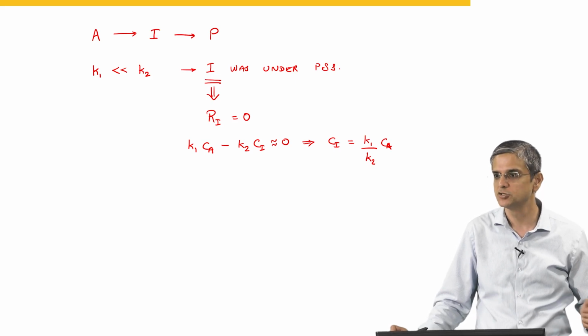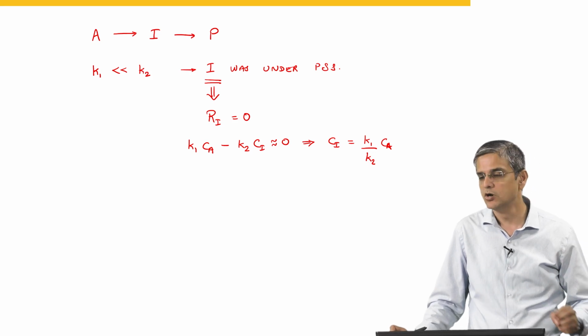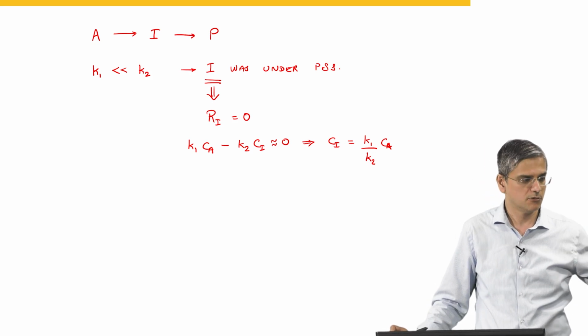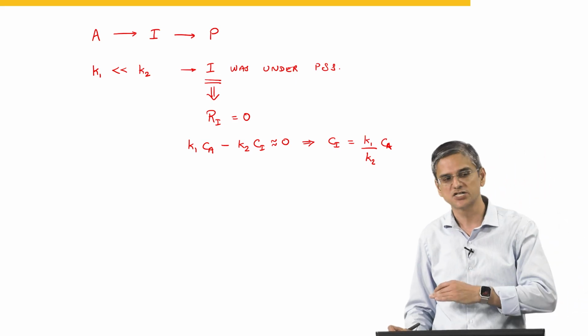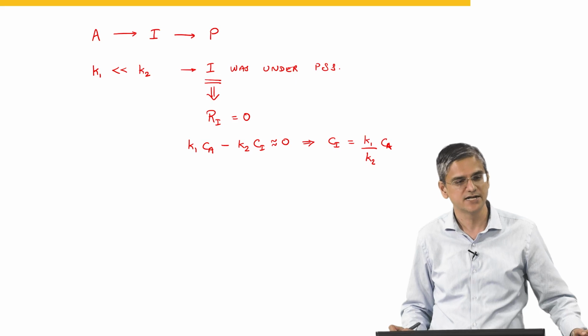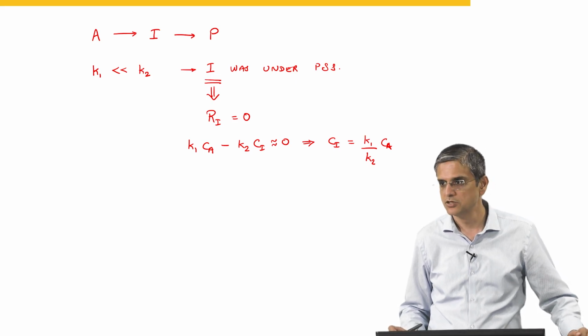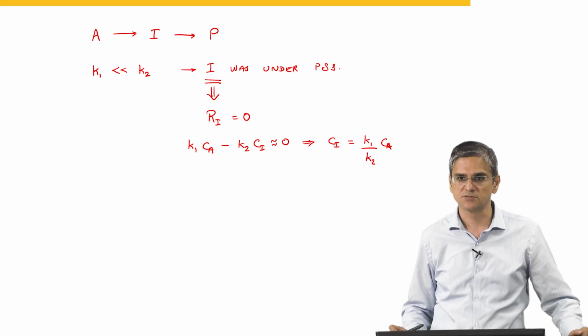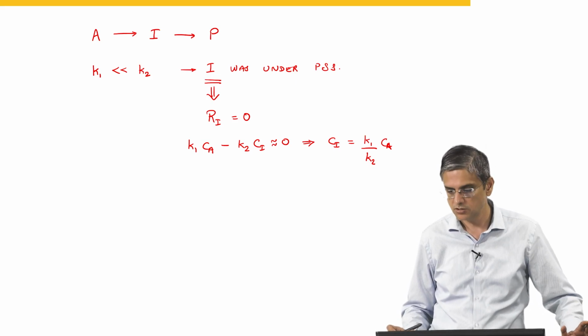Value of Cp also therefore will change, but only slightly. Okay. So, when you used pseudo steady state as an approximation versus when you did not use the pseudo steady state approximation but solved the entire problem, the results were very close to each other. Okay. But with the pseudo steady state assumption, the solution was much simpler. That is what we saw in the previous lecture.